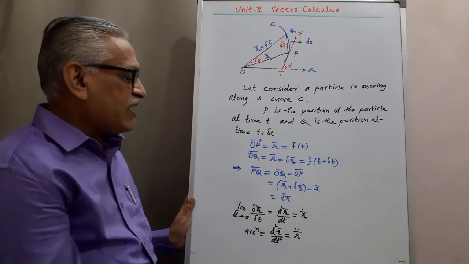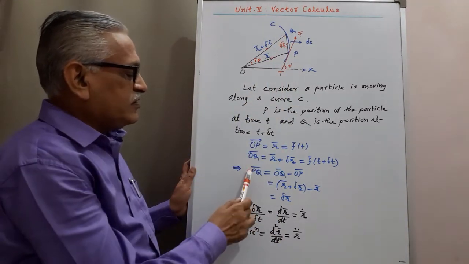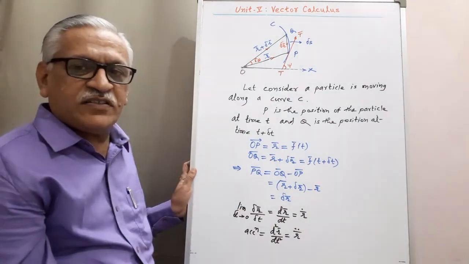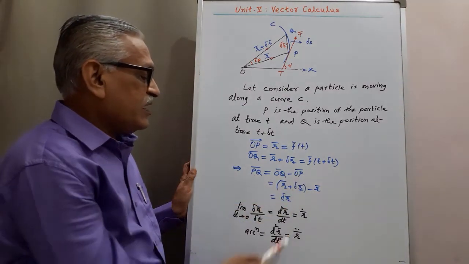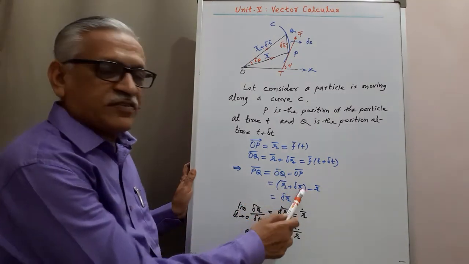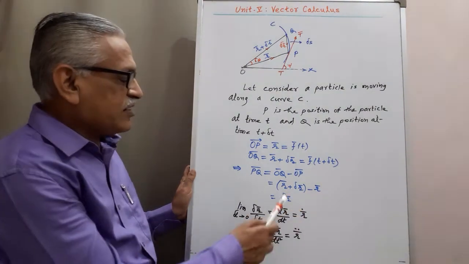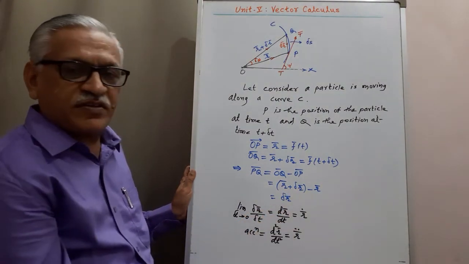And then by vector algebra, vector PQ is nothing but vector OQ minus vector OP. Vector OQ is R plus delta R bar, minus R bar gets cancelled, we get delta R bar.